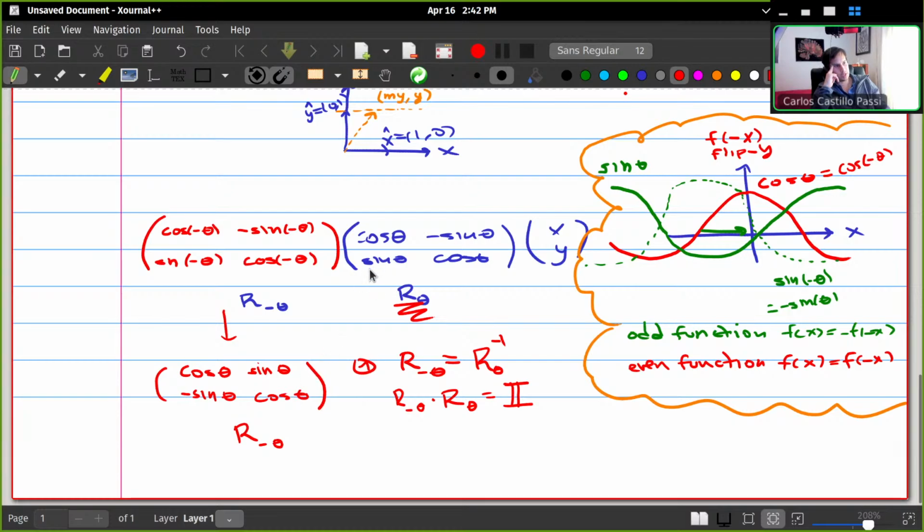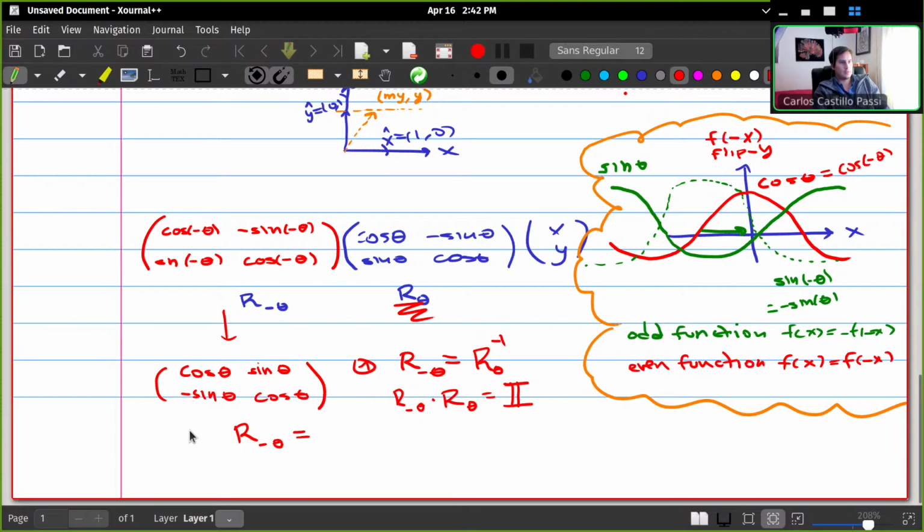Can you see any similarities between this one and the other one? Could this be expressed as something of the other one? The transpose, maybe? Exactly. So the inverse of a rotation matrix is equivalent to rotating to the other side, and that is equivalent to the transpose of the matrix.